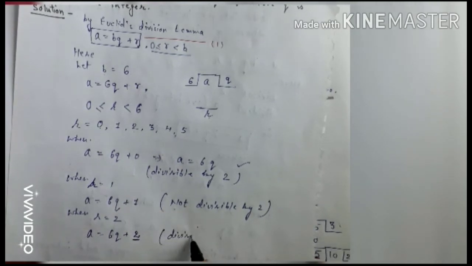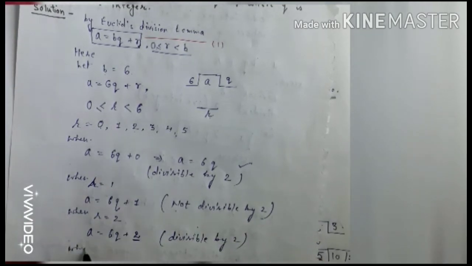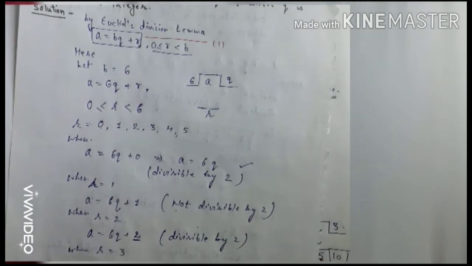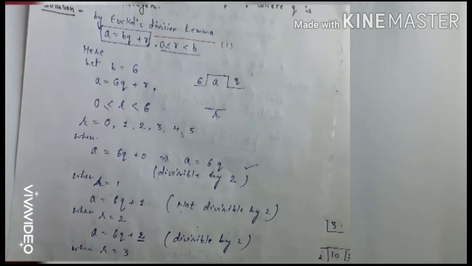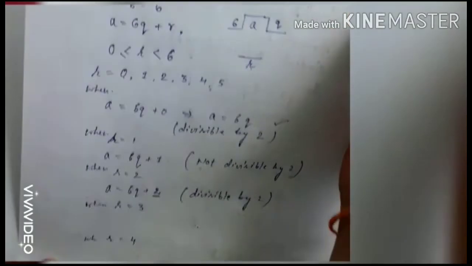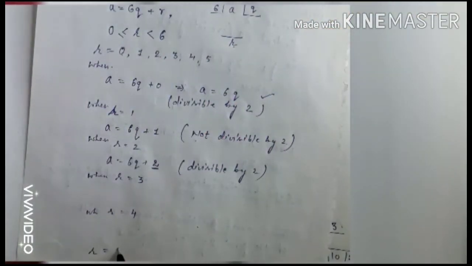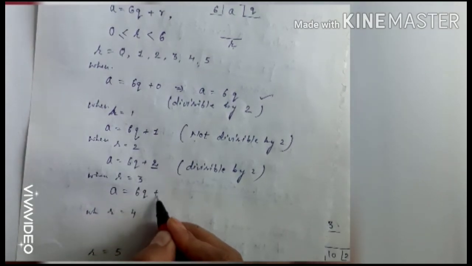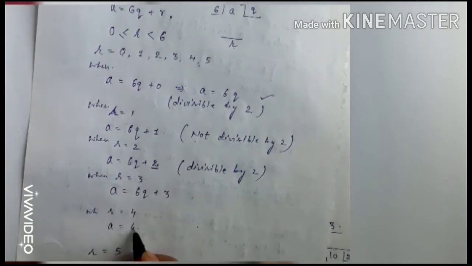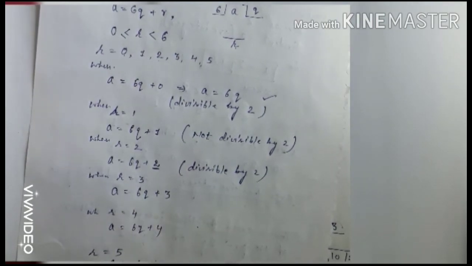In the same way, we put r equal to 3, then r equal to 4, and at the last r equal to 5. So a equal to 6q plus 3, a equal to 6q plus 4, and a equal to 6q plus 5.